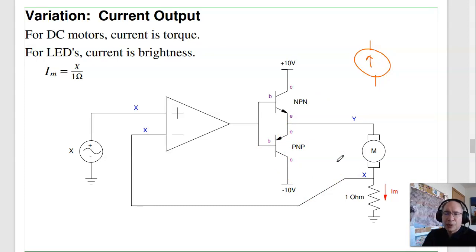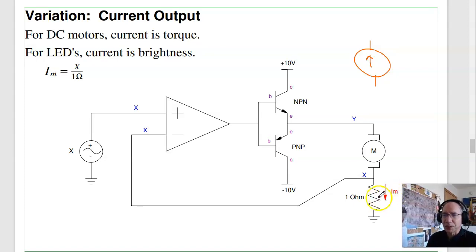To use the push-pull as a current amplifier, I need a current-controlled voltage source, also known as a resistor. That's what this one does. This converts 1 volt into 1 amp. There's also 0.1 ohm resistors. 10 volts is 1 amp. 10 ohm resistors. 1 volt is 100 milliamps. They actually do make 1 ohm resistors. This is what they're for.